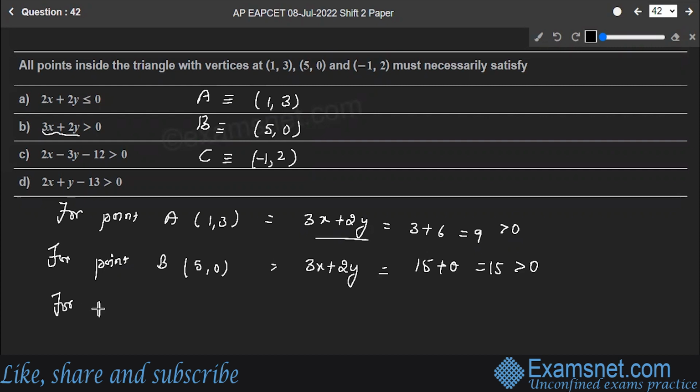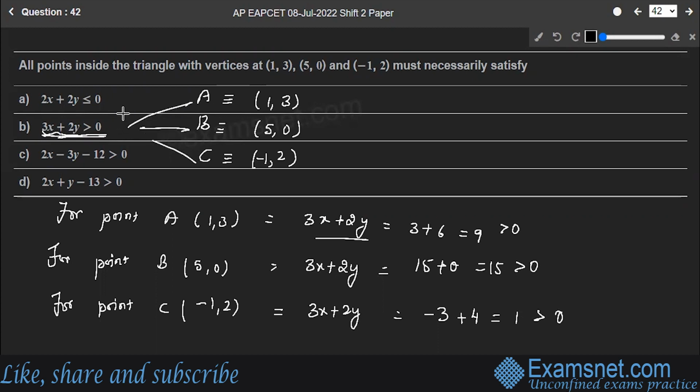Now for point C, that is (-1, 2), 3x + 2y is given by -3 + 4, which is equal to 1, again greater than 0. So this equation is satisfying for all the 3 points. That means this is most probably our answer, but we'll still check for option A.